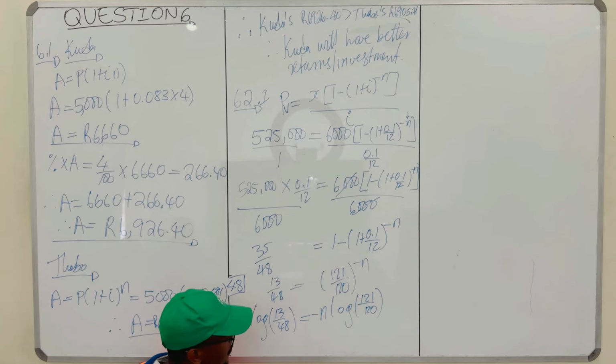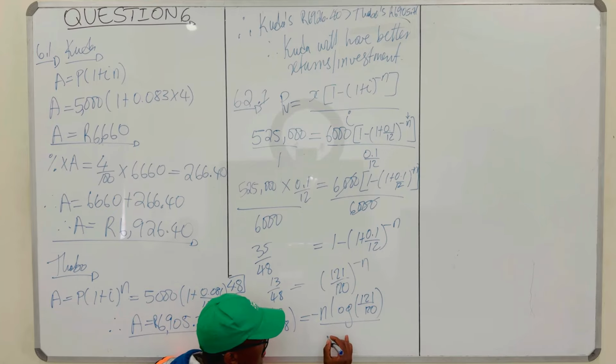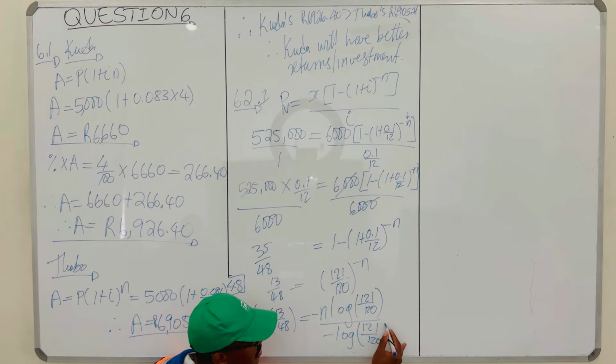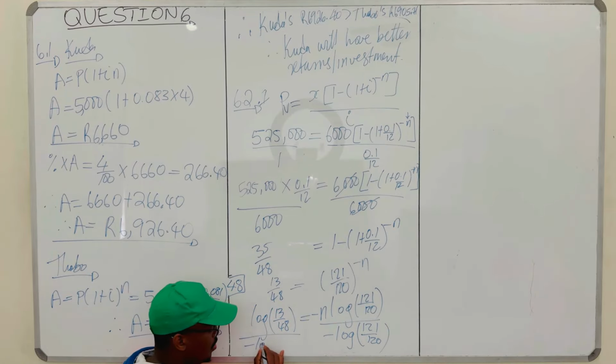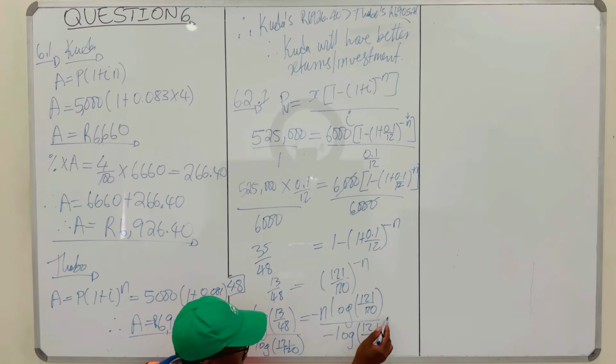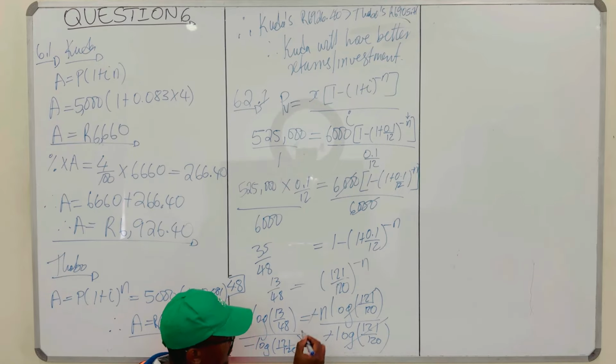Are you with me? Yes. Then divide both sides by negative log of 121 over 120, because we want to get rid of that negative n. Are you with me? This and this go away, the negative and the negative cancel.